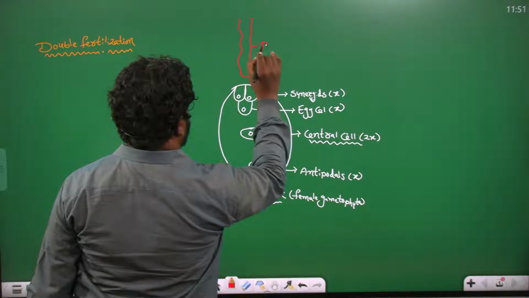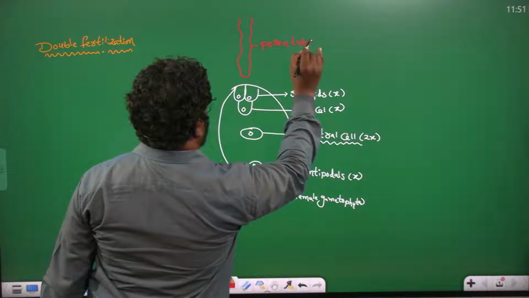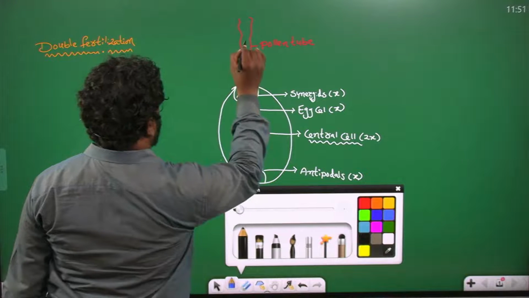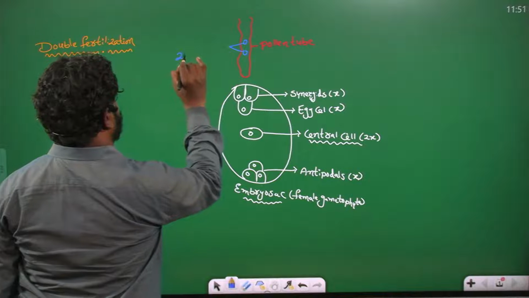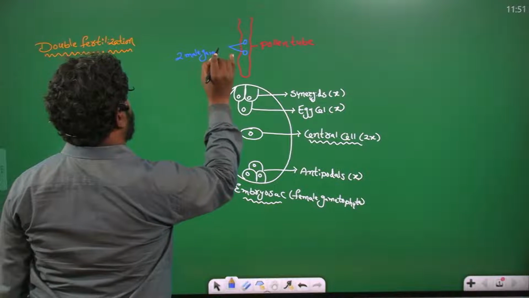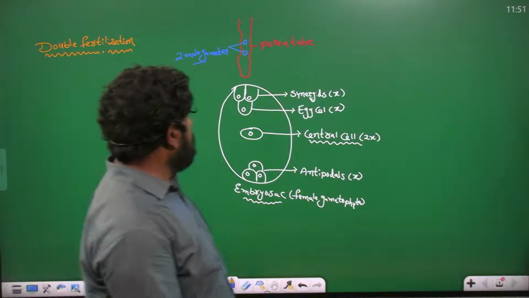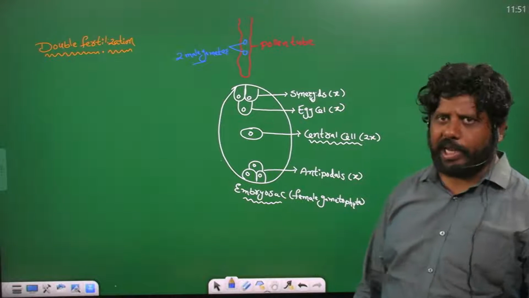In the pollen tube, how many male gametes are present? 2 male gametes are present. So the pollen tube now bears 2 male gametes.